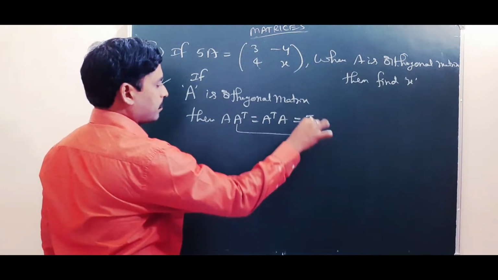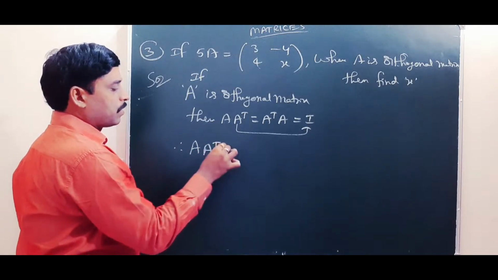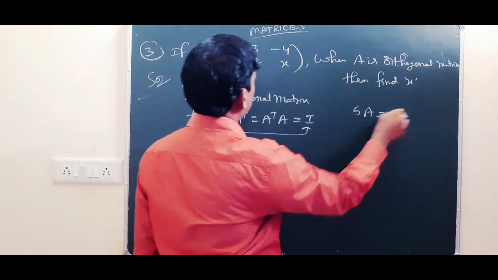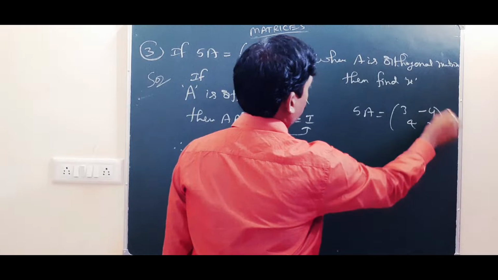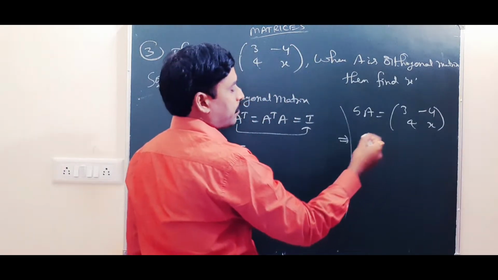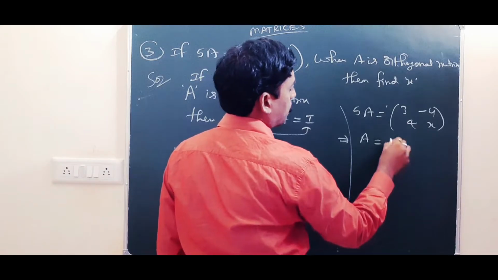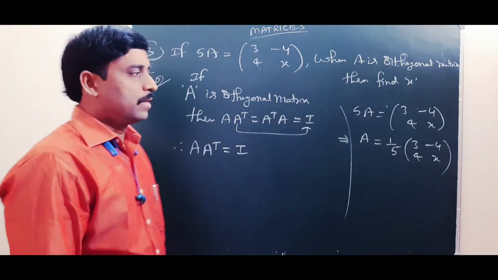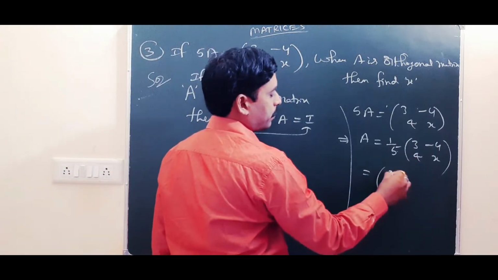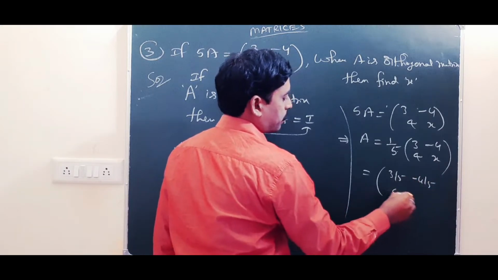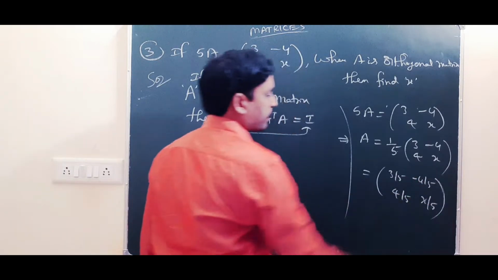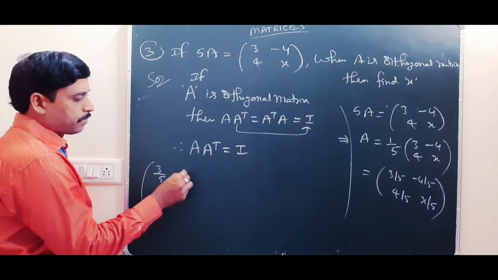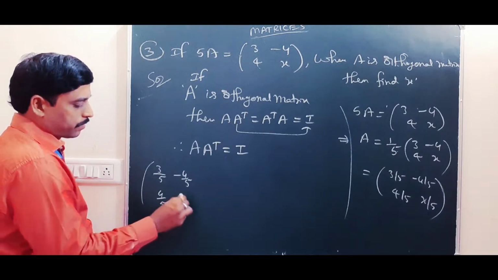So let us take one relation: A into transpose of A is equal to I. What is A given? 5A is given as [3 -4; 4 x]. Therefore, divide by 5 on both sides: A is equal to 1 by 5 multiplied to the matrix, which will be [3 by 5, minus 4 by 5; 4 by 5, x by 5].